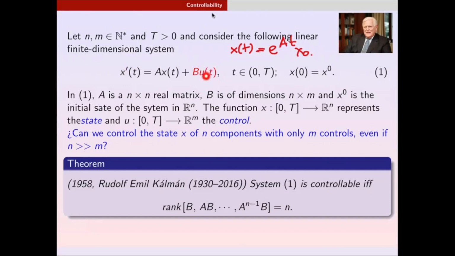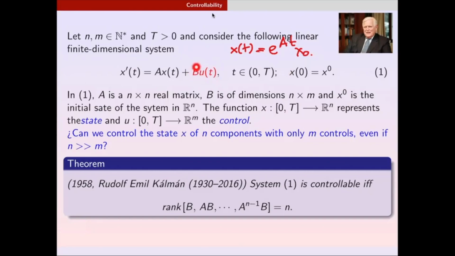And this control, so this force, this source I am injecting into the system, of course, will modify the free trajectory that was, in principle, completely determined by the Cauchy problem. If I don't add any source u, I know the solution will be exponential of At x0. But now I am forcing the system, and I am actuating on the system.